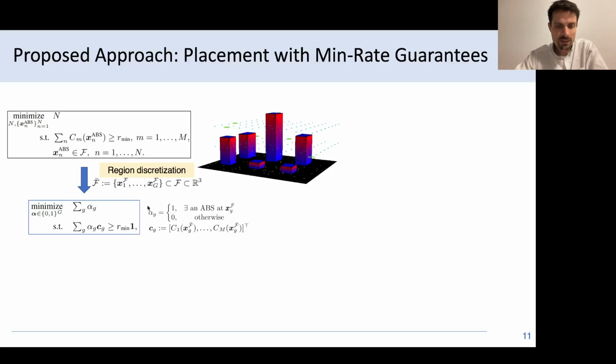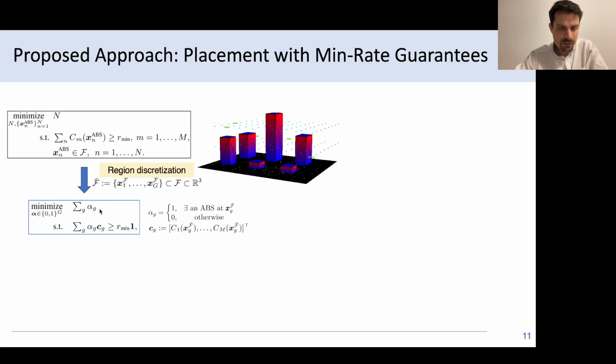Okay, so it's like an indicator variable. And then C is a vector that collects the capacity of the channel between each user and the jth grid point. Okay, so with this notation we can rewrite this problem in this way.